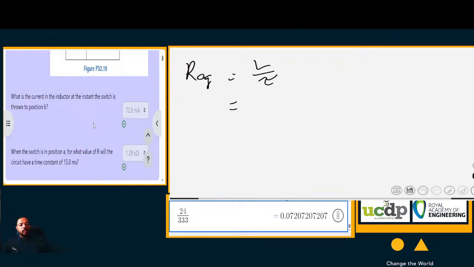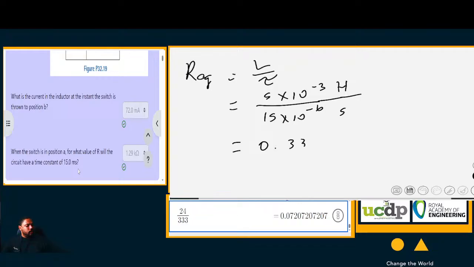Now I said here, this should not be milli, it should have been micro. So the time constant should be micro, so it's 15 times 10 to the negative 6, and this should be 5 times 10 to the negative 3 Henries, and this should be in seconds. Now if you divide these two, you get 0.3333 repeating. Okay, it's 1/3.